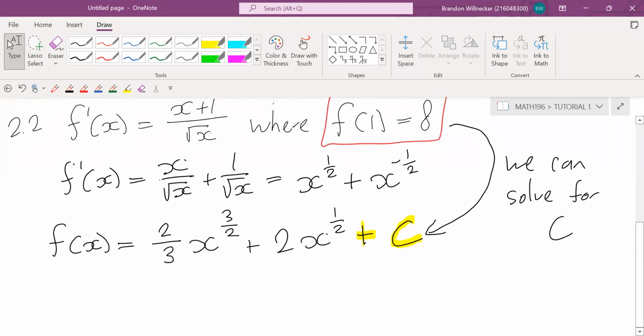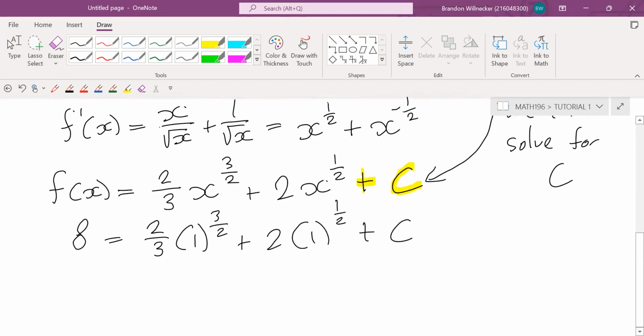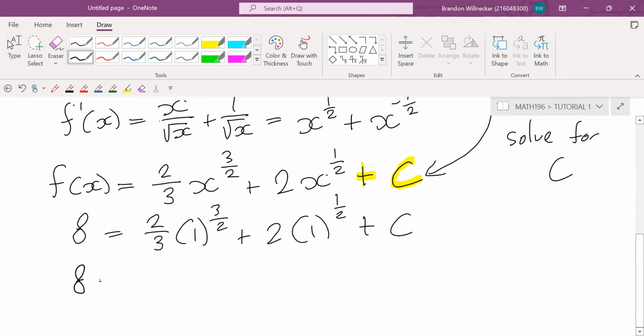So if I substitute x is equal to 1, I'm going to get 8 is equal to 2/3 times 1 to the 3 over 2 plus 2 times 1 to the 1/2 plus c. Okay, so 8 is equal to 2/3 plus 2 plus c.